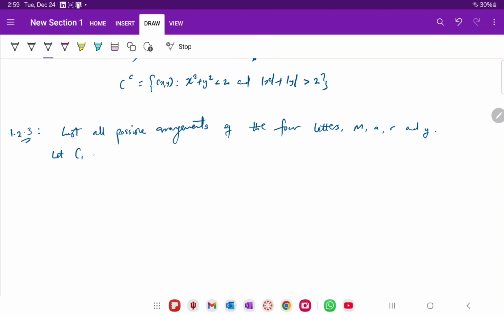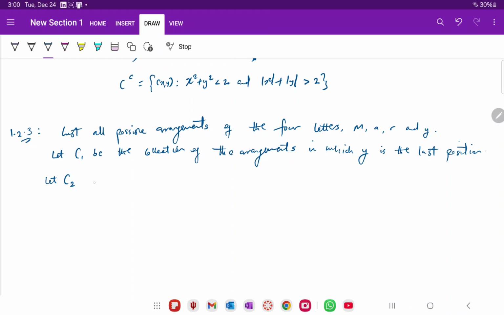Okay, we have, let C1 be the collection of the arrangements in which Y is in the last position, and then let C2 be the collection of the arrangements in which M is in the first position.